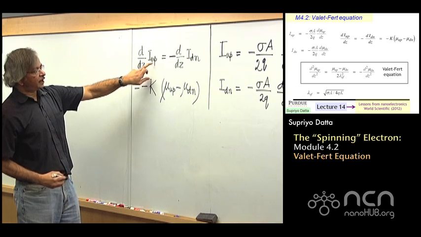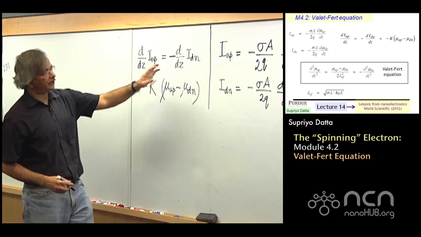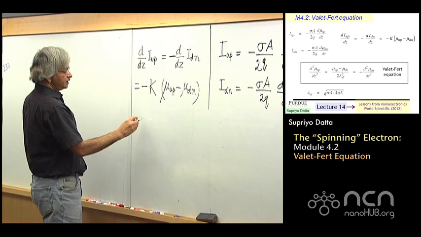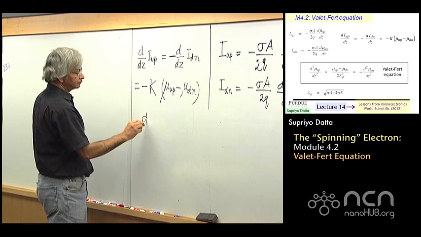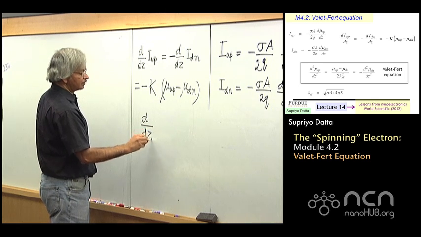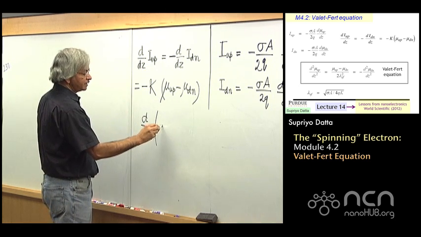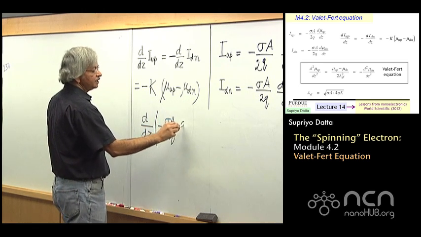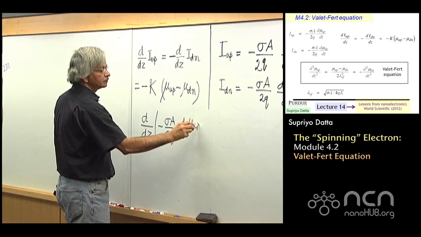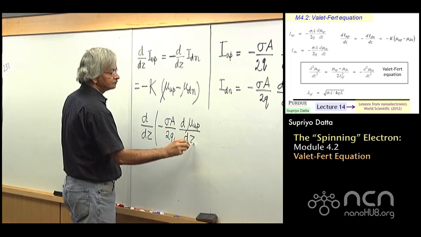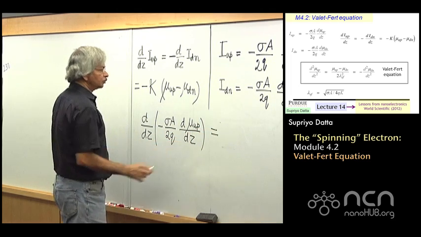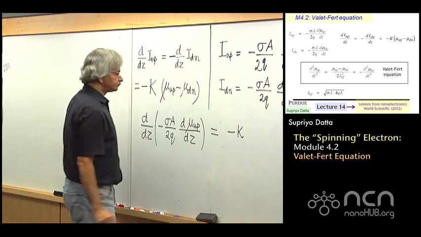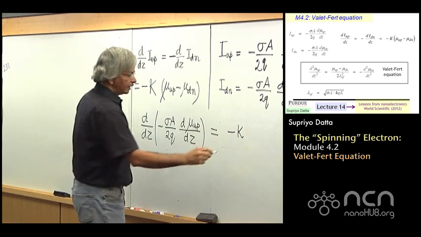So d dz of I up, and let me substitute from here. What you'd get is d dz of I up, which is minus sigma a over 2q d mu up dz, and that is equal to minus k times mu up minus mu down.